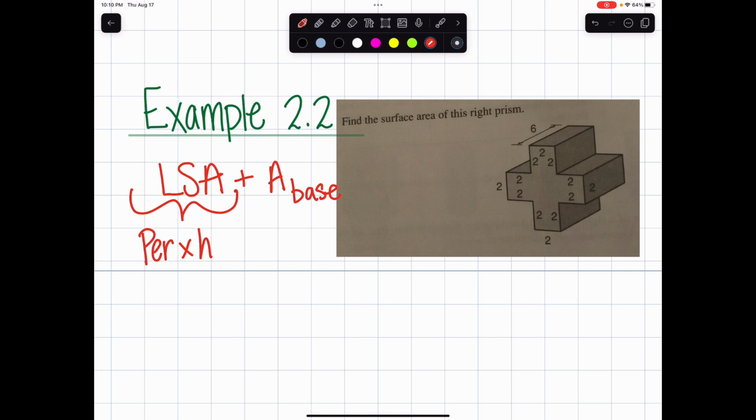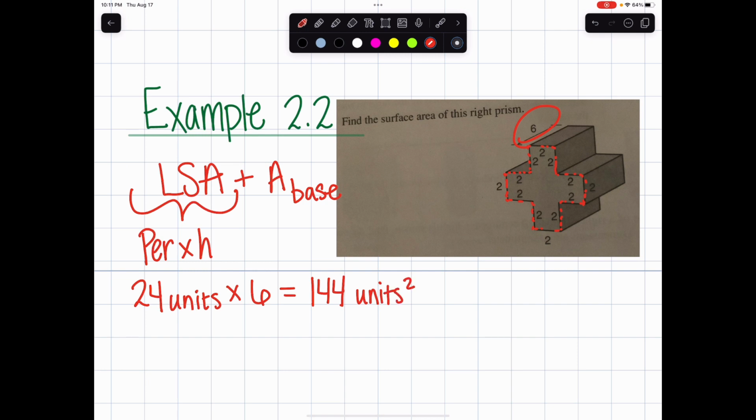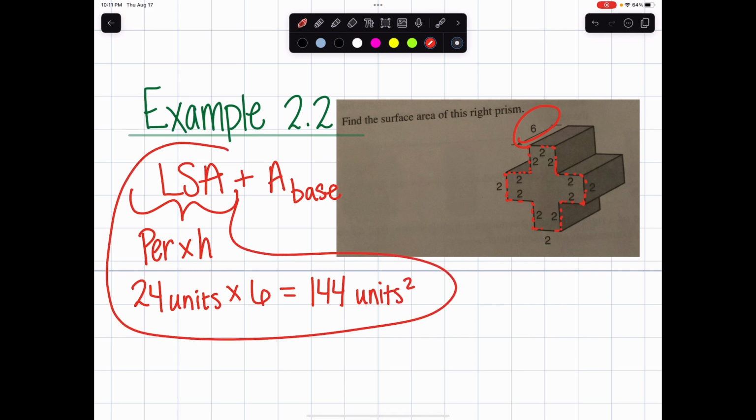If you were a little ant, you go 2, 4, 6, 8, 10, 12, 14, 16, 18, 20, 22, 24. Let's just call it units. 24 units times the height. The height is going to be 6 units. So 24 times 6 would be 144. So units squared. Okay, so we've found the lateral surface area so far.